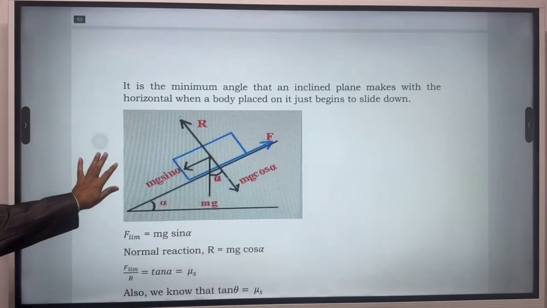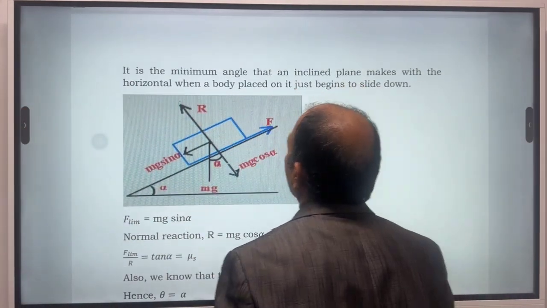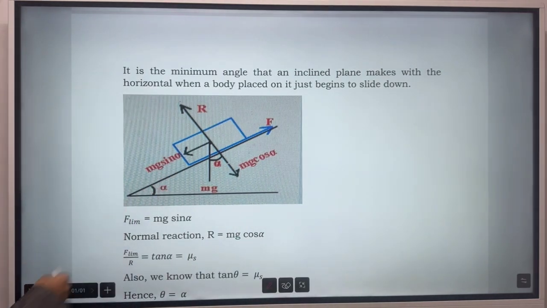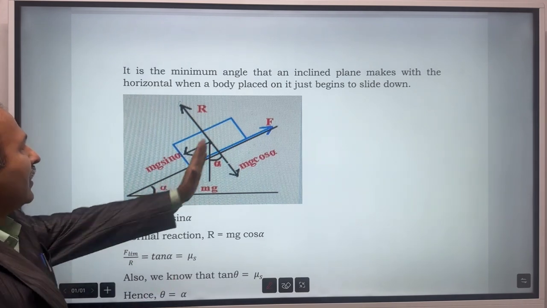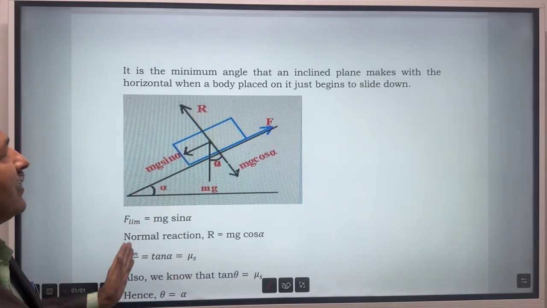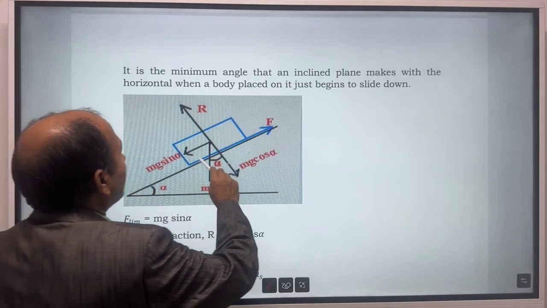Now, angle of repose. Angle of repose means what? It is the situation when the body is just at the point of sliding. If this angle increases a little, the body will start sliding. So it is at the point of sliding, it is not sliding. Here we can analyze the situation.